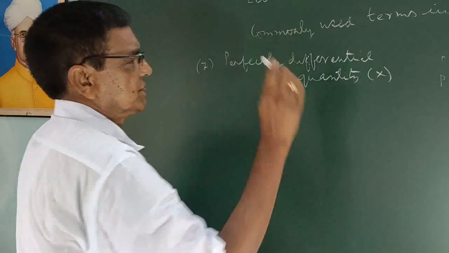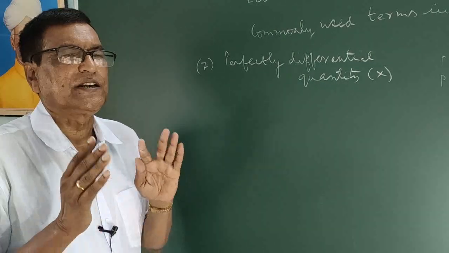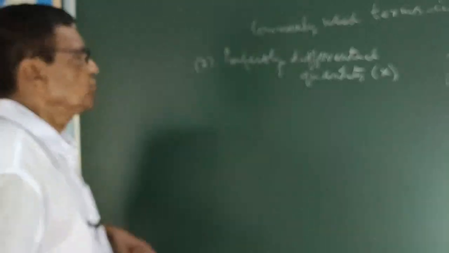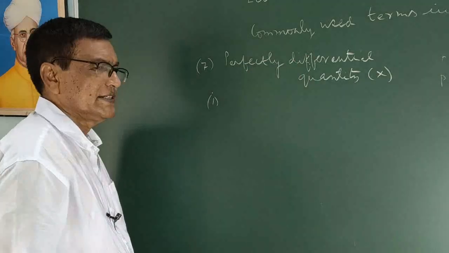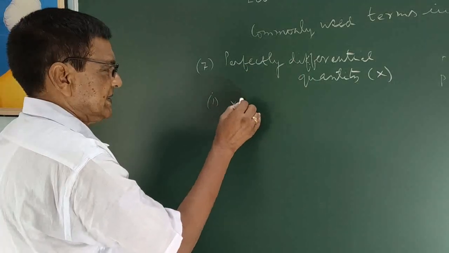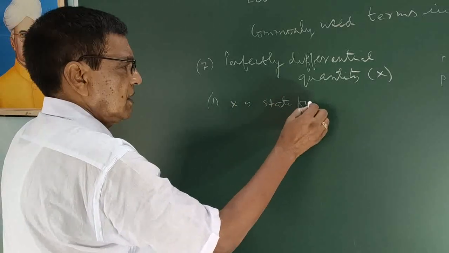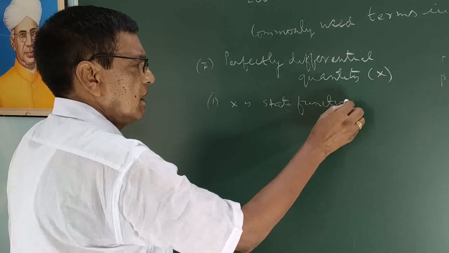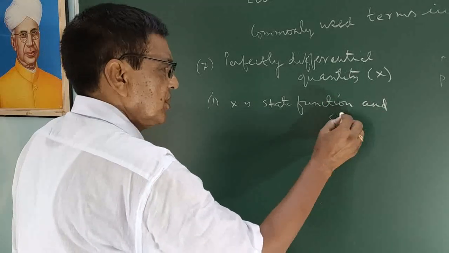Say X means which quantity or property could be differentiated and which could not be differentiated. And the criteria for a perfectly differential quantity is, first, this X is a state function and single valued.